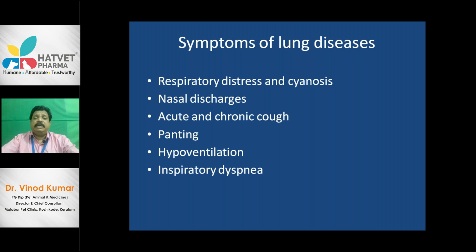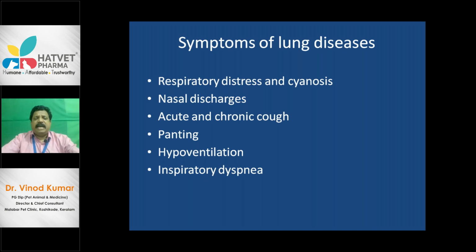And there will be an increase in the depth of respiration. So the ultimate outcome is there will be a forceful inspiration, or a forceful expiration. That means a respiratory distress. We say dyspnea. Dyspnea means difficulty in respiration. So that is the outcome of a lung disease, whatever it be.